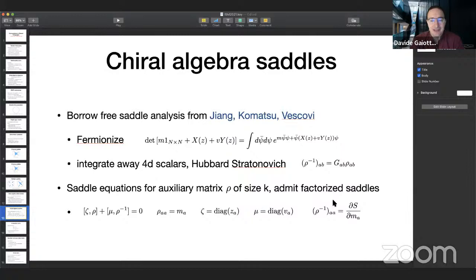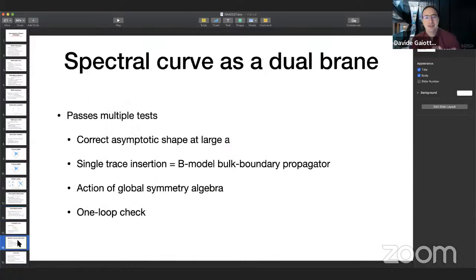It turns out that the m's are the diagonal components of rho, and the conjugate momenta are the diagonal components of rho inverse. This allows us to get to a geometric interpretation of this, and really match the action, in the large N limit, of the quantum field theory saddle with the action of the D-brane on the holographic side.